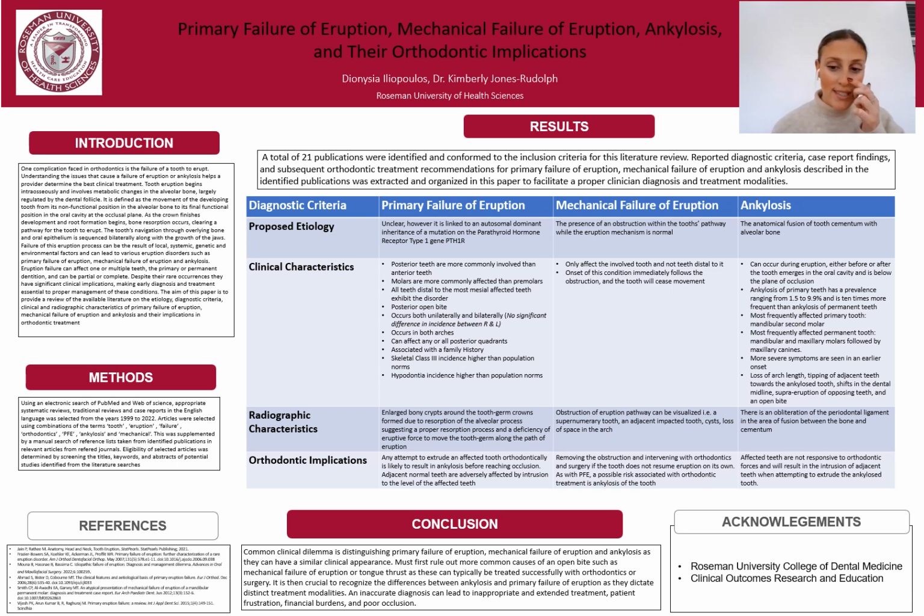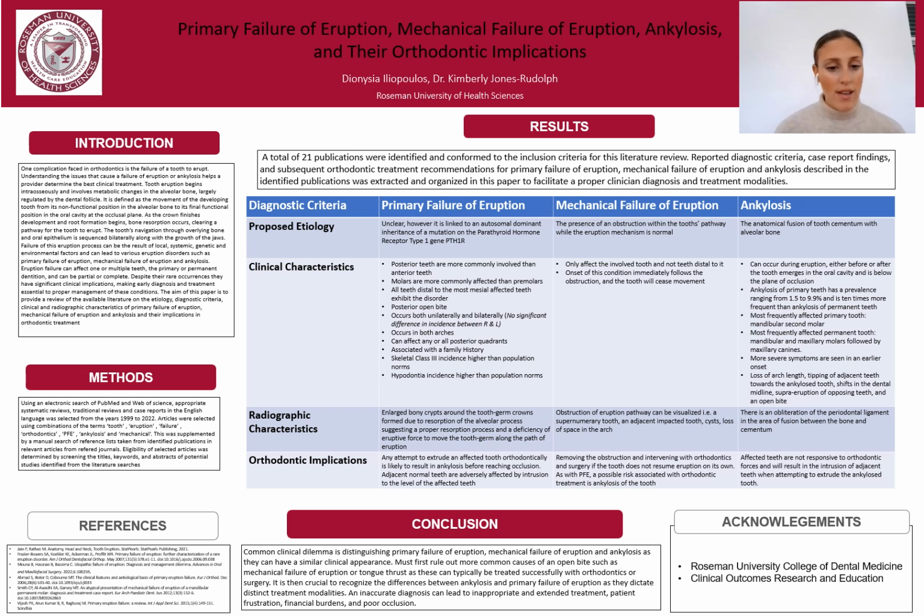This will affect the adjacent normal teeth as they will intrude while the affected teeth are attempting to be extruded. For mechanical failure of eruption, it's usually successful with orthodontics and possibly surgery if needed. It usually involves removal of the obstruction. For ankylosis, the affected teeth do not respond to orthodontic intervention.